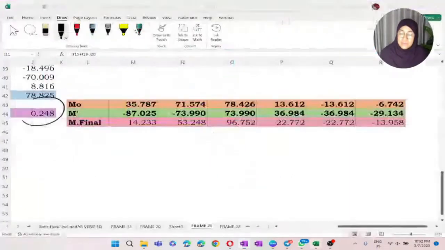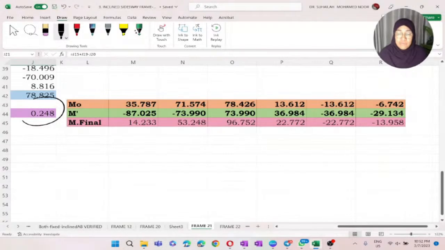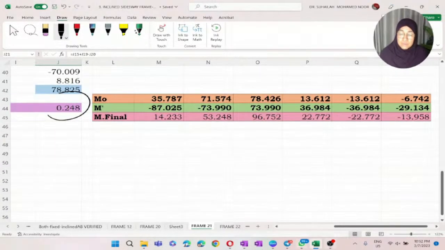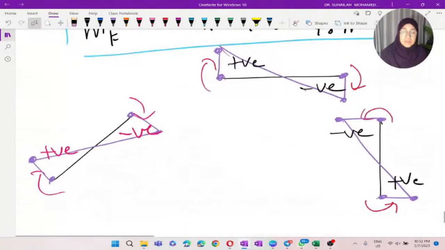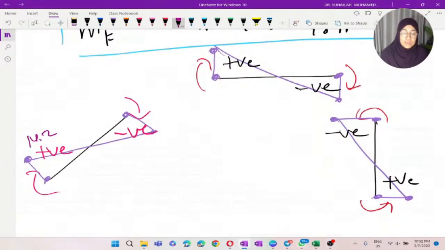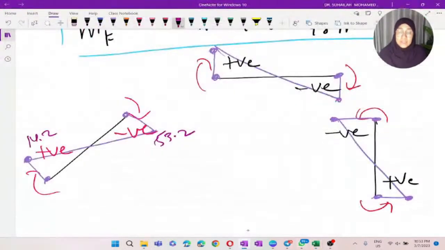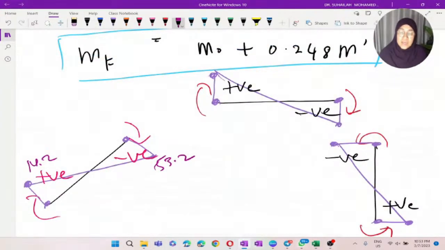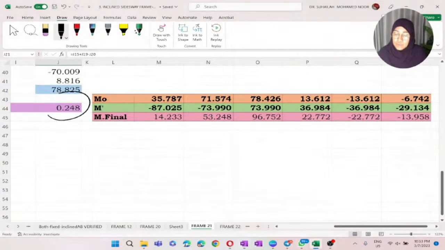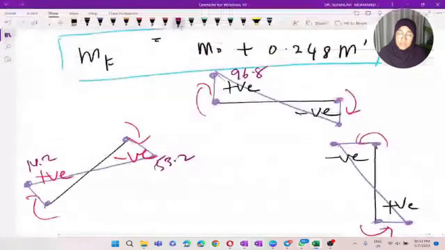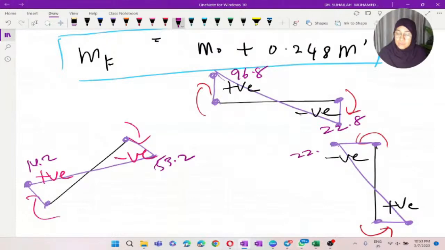And the values are the ones that we get from before: 14.2, 53.2, 14.2. This is 14.2, 14.2, 53.2. Then 96.8, and 22.8, 22.8. This one also 22.8.